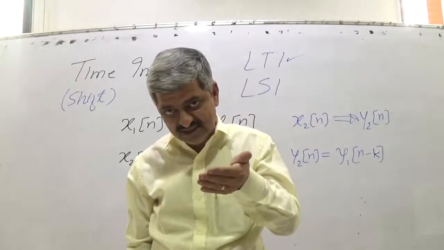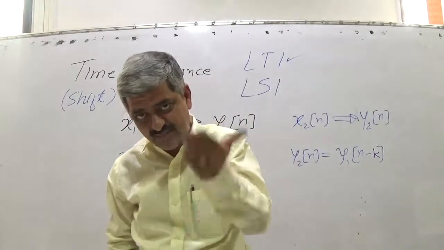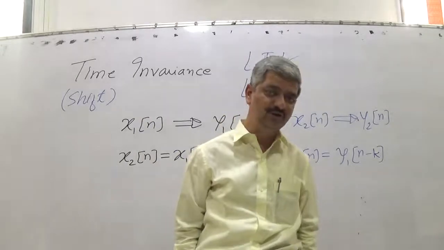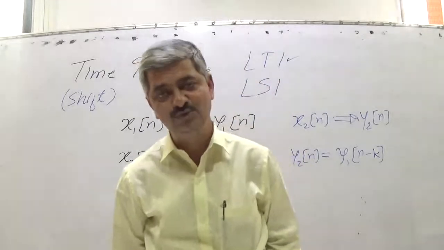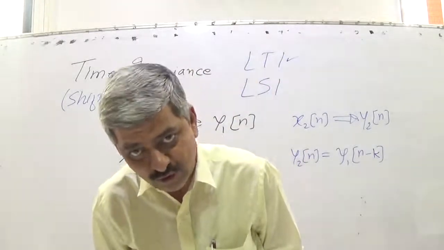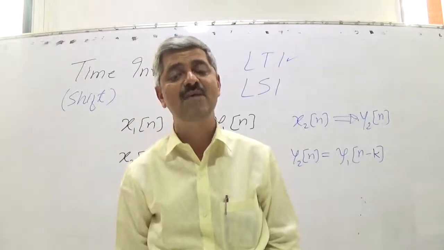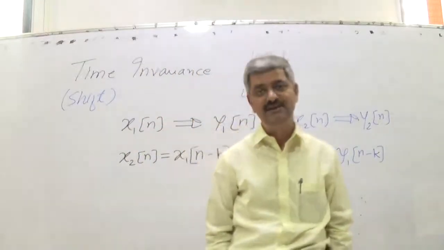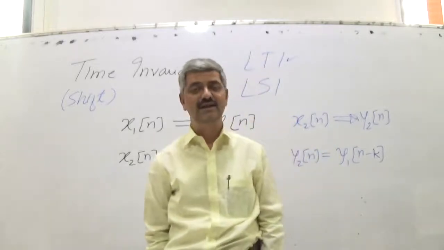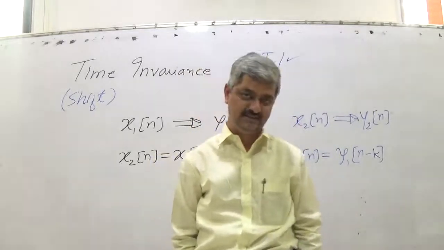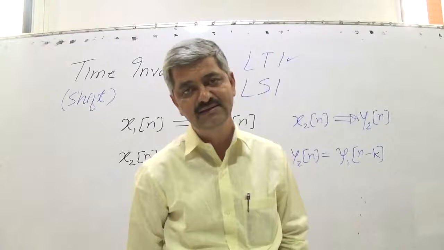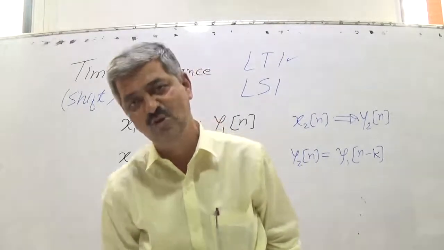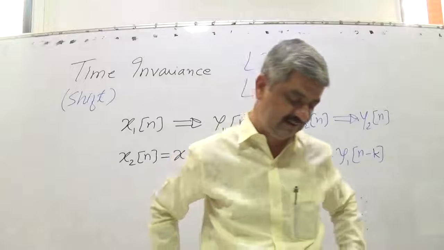The system is said to be time or shift invariant if the shifted input applied results in the output shifted by the same amount. If it happens, it is called a shift invariant or time invariant system. If it doesn't happen, then it is not time invariant, also called a time variant system.